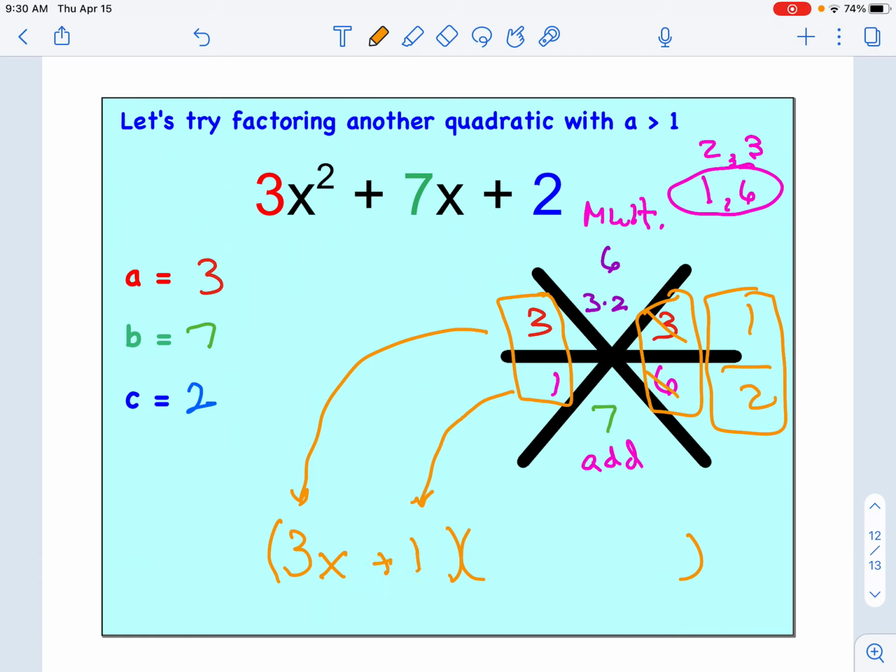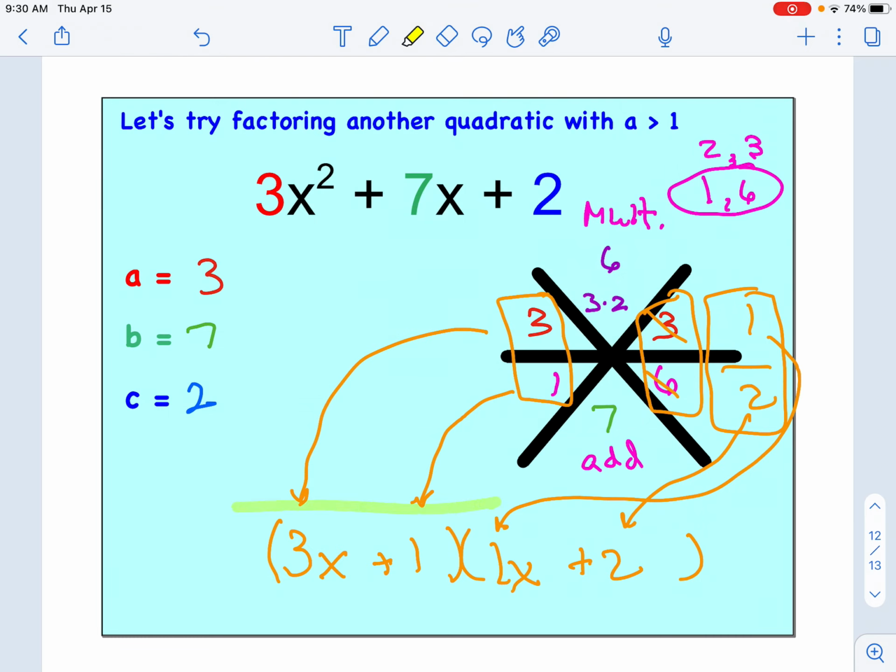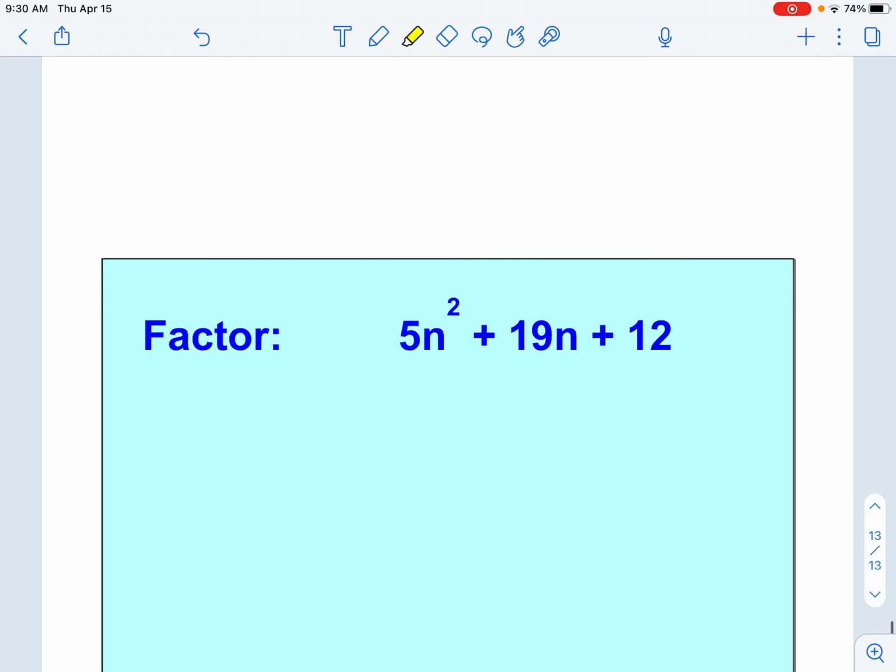It's a positive, so I put a plus. Same thing over here. The 1 goes in front with the variable, and you could just have x there. And then 2 goes second, and it's positive again. So this is my answer. This is factored for this quadratic trinomial. So the asterisk method is just another method to use.